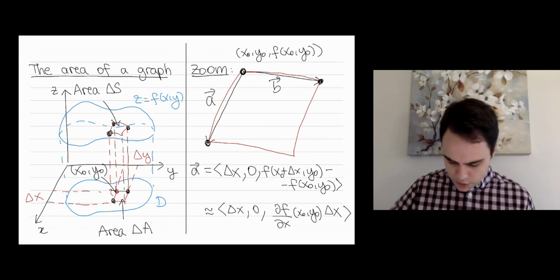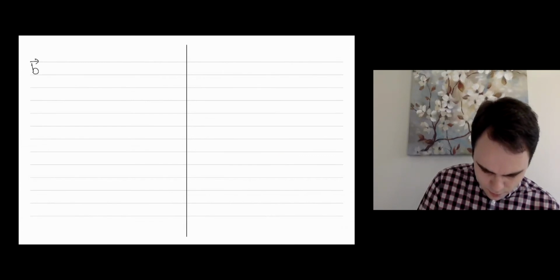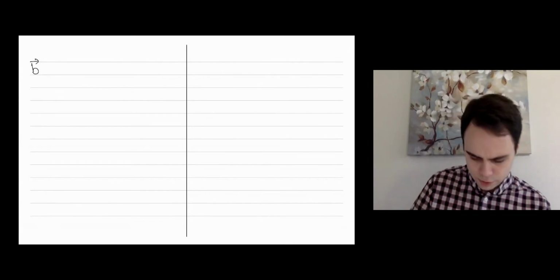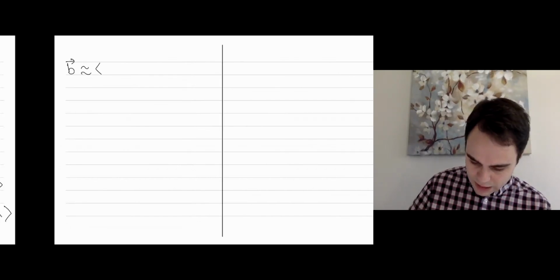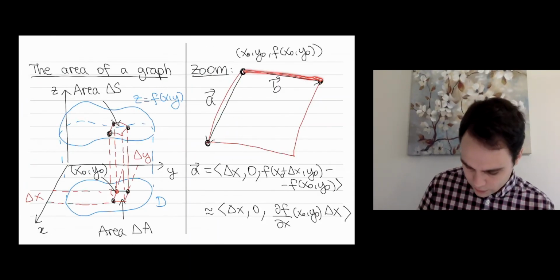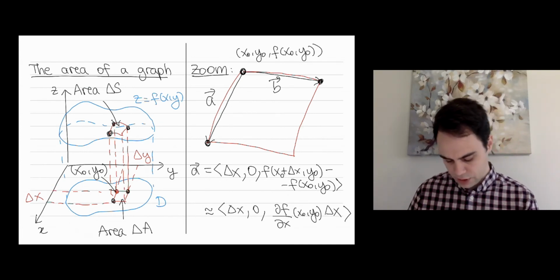Okay, now similarly, let's look at B. So I'll just give you the approximation for B right away. For this vector over here, the first two coordinates are the same as the first two coordinates of this arrow down here at the bottom. Right, so the x-coordinates of the two vectors are the same, x0, and the y-coordinates differ by delta y.